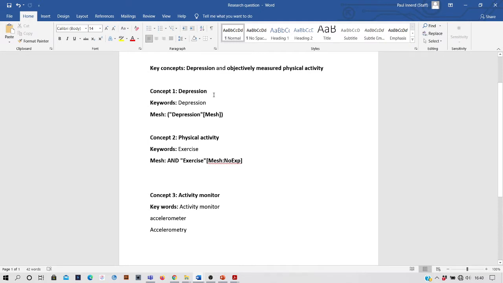Now, depression, I know this because I'm familiar with the literature, is generally either people are included who have it or they're not. So it's kind of a yes-no scenario. In terms of keywords for depression, there aren't any others really that I'd like to include.